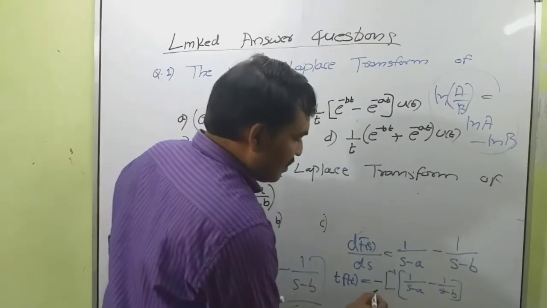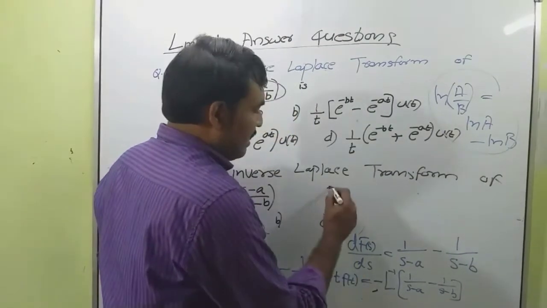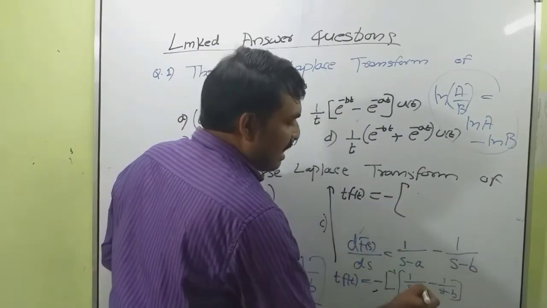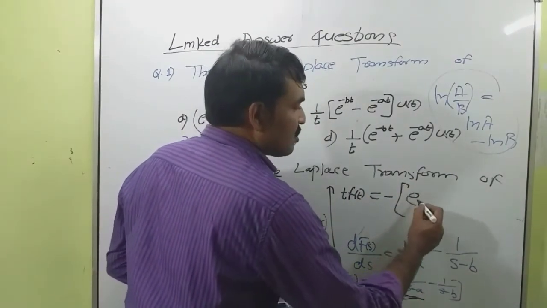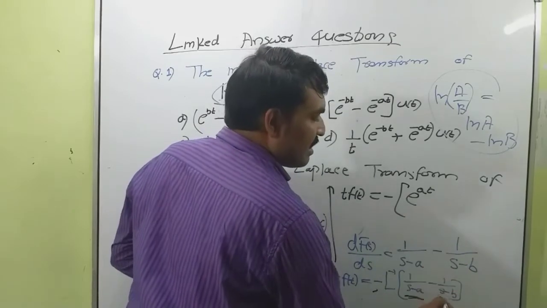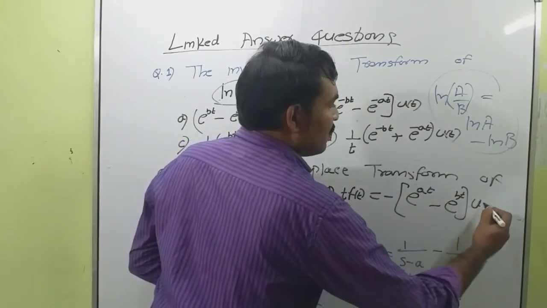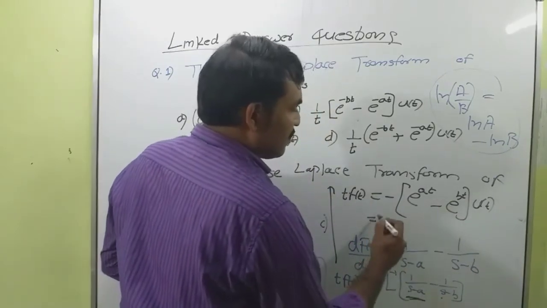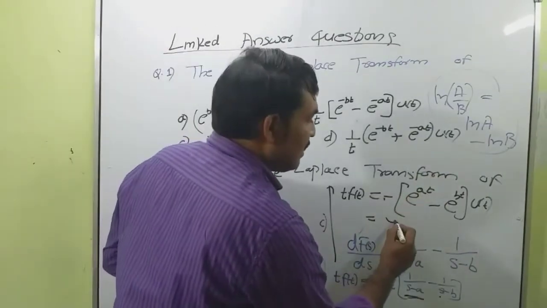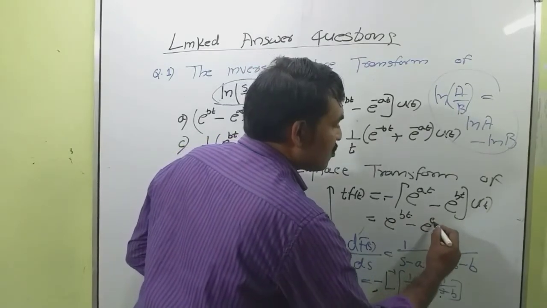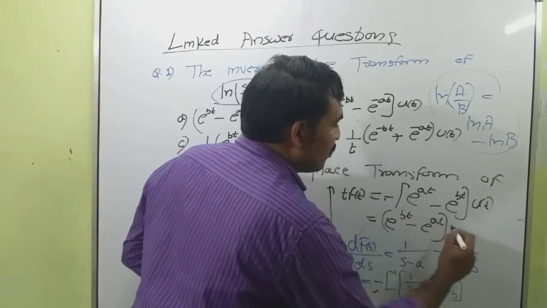So t into f of t is equal to minus of L inverse of this term, that is e raised to at minus e raised to bt, this into u of t. This is equal to, taking the minus inside, e raised to bt minus e raised to at into u of t.